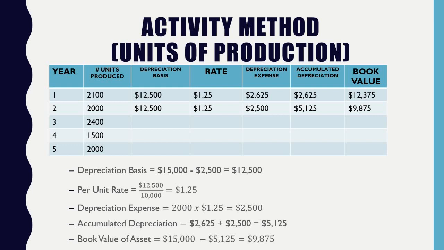Okay? So therefore, my book value is going to be $15,000 minus my 5,125 to bring me a total book value of 9,875.